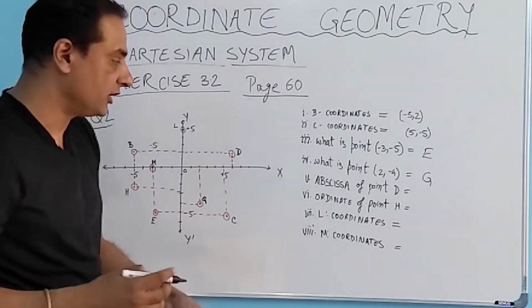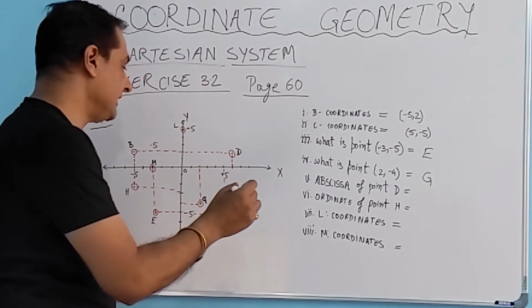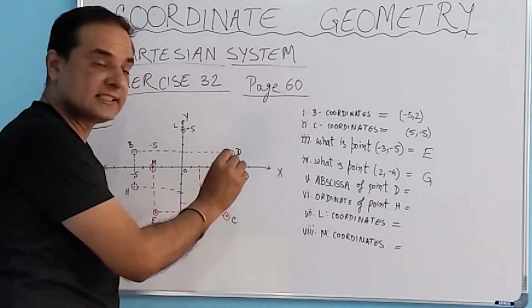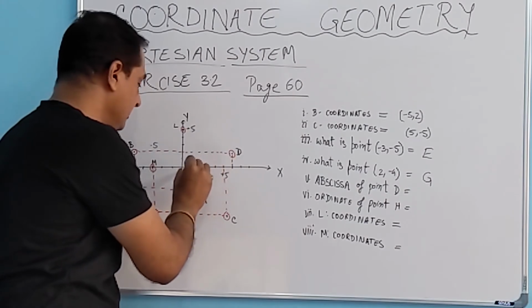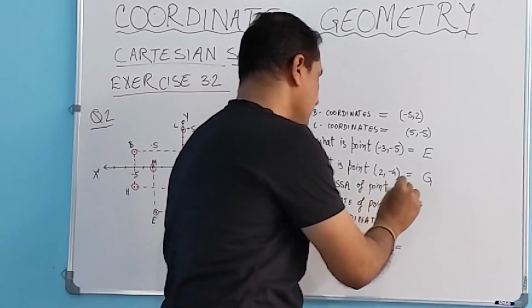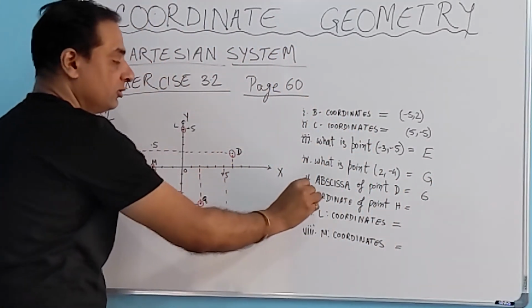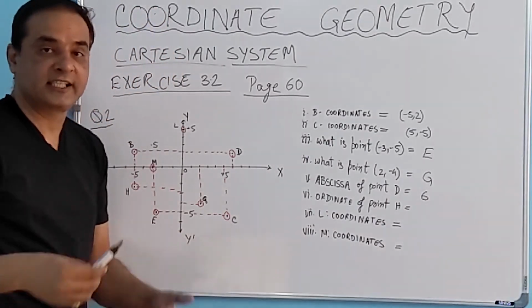Now the fifth question says abscissa of point D. Abscissa is the x coordinate. Let's locate point D. The x coordinate is the perpendicular distance from the y axis. If we look at this perpendicular line, the x coordinate is 6. So the abscissa is 6 for point D. Now, ordinate for point H. Ordinate is the y coordinate.